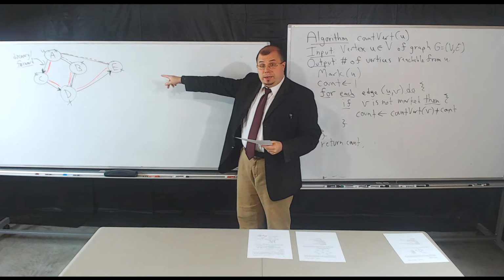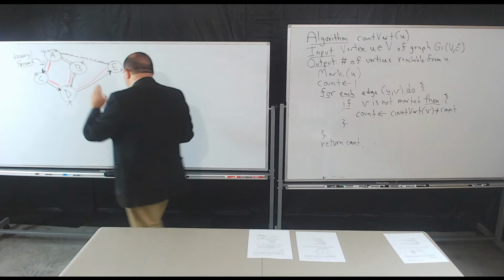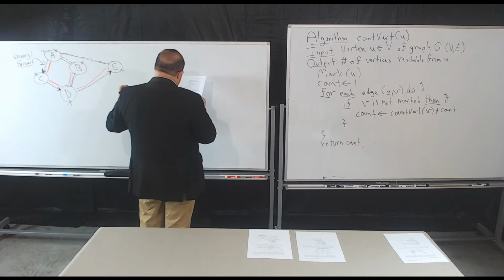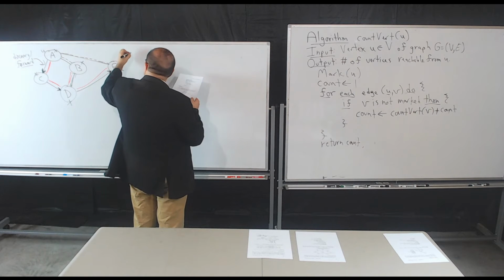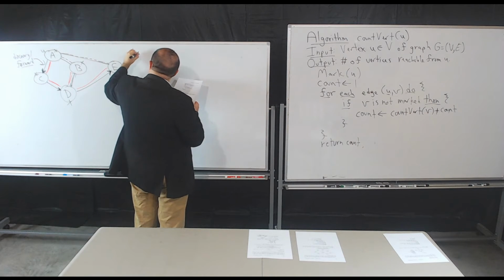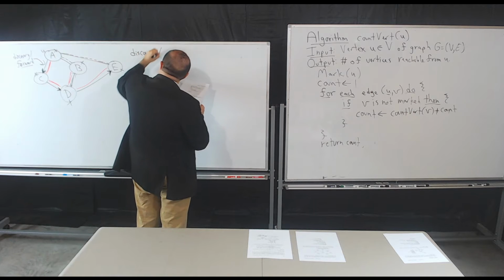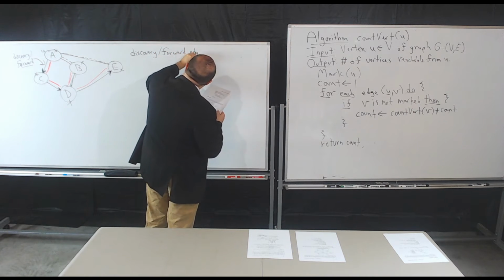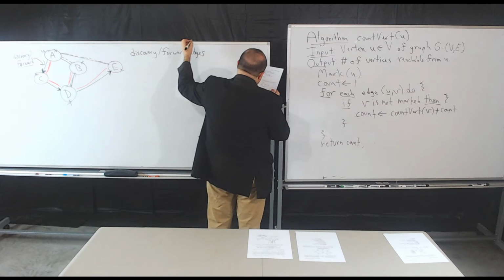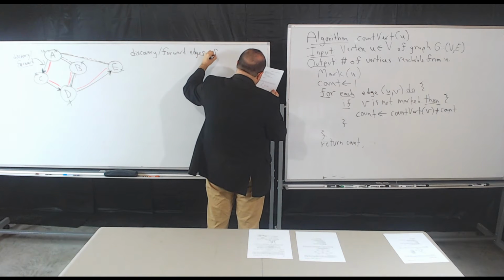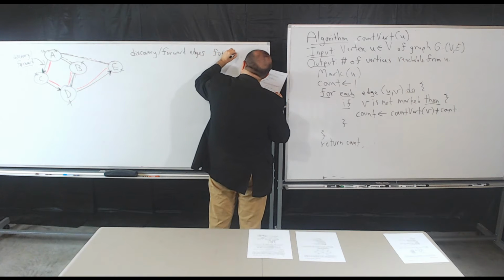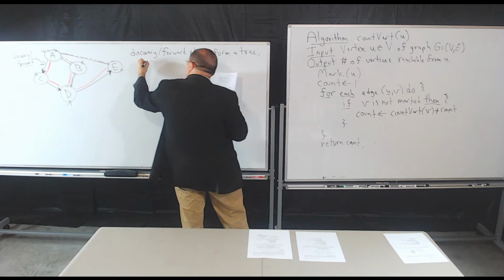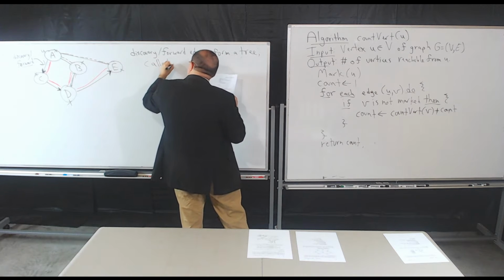That's a tree. So the forward edges, or discovery edges, form a tree. And what is this called? This is called a DFS tree.